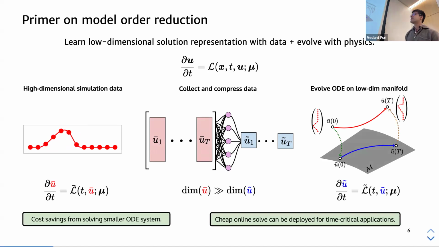Once we have that done, we can essentially write an ordinary differential equation for the time evolution of the reduced states given in blue over here. So the cost savings come from solving a reduced system of equations as compared to solving a large system of equations with the finite element method.